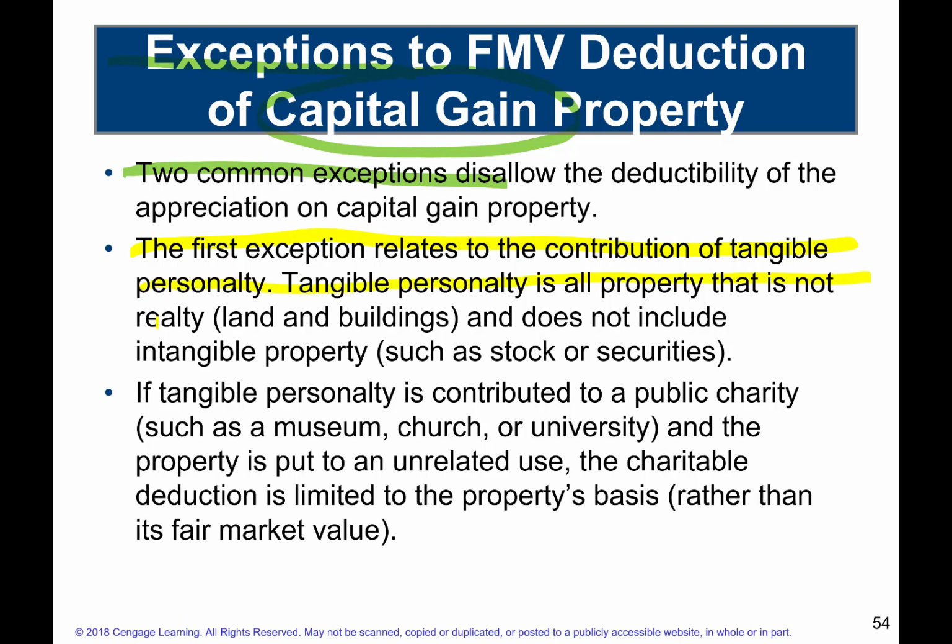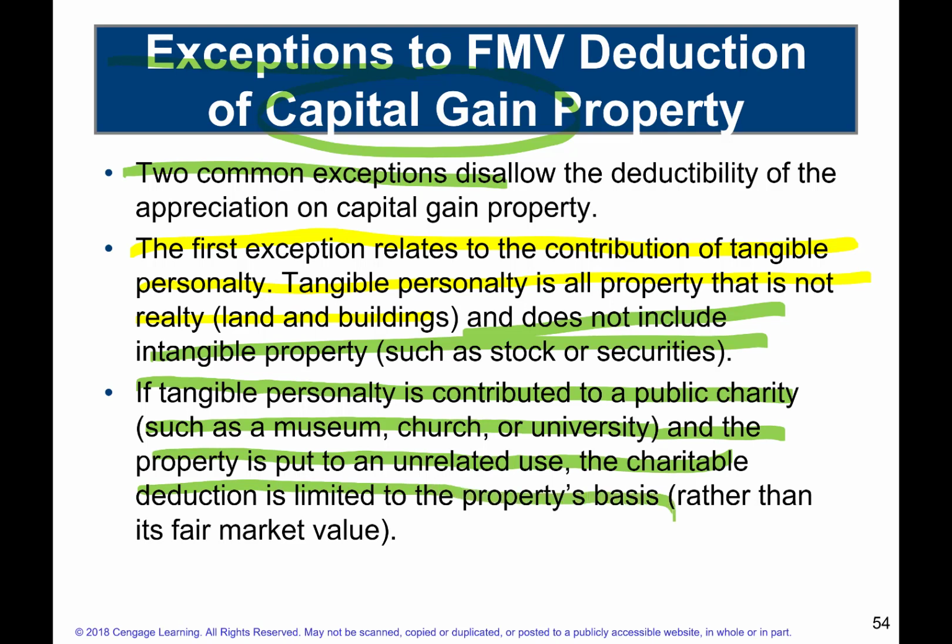That's all property that is not real estate and does not include intangible property such as securities, stocks, etc. If it's tangible property and is contributed to a public charity such as a museum, a church, or a university, and the property is put to an unrelated use, then the charitable deduction is limited to the property's basis.